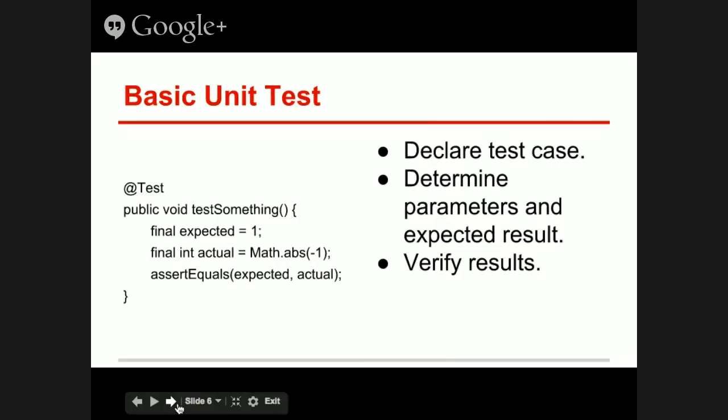So let's say you're doing a unit test for Math.abs. Well, you know that if you get the absolute value of -1, then the result should be 1. You do an assertion on that, and when you run it through maybe your IDE or through Maven, the build will fail, or the IDE will tell you this unit test failed. But that's a basic unit test.